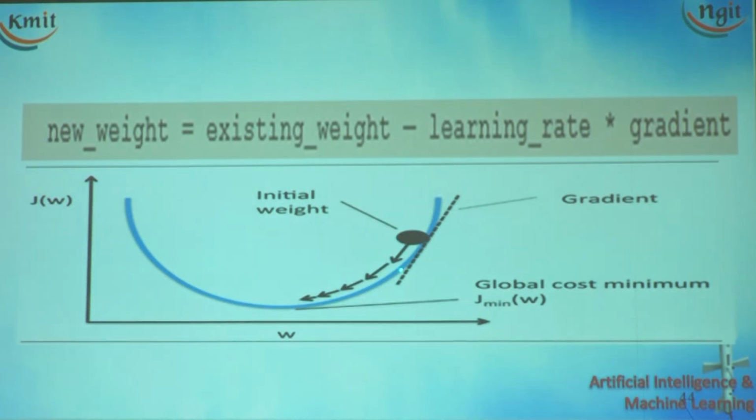The weight may come here, and then again we will find the gradient and apply it, and so on. Finally we will reach the lowest cost. We have to reach that.